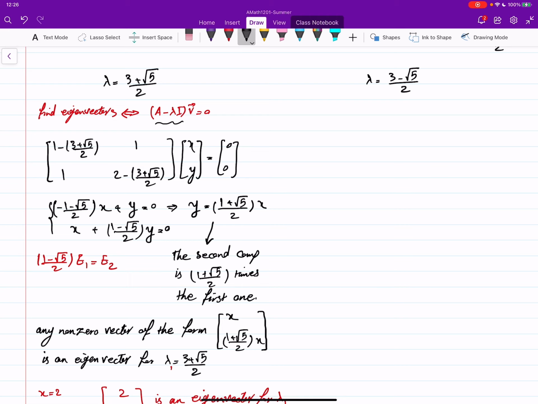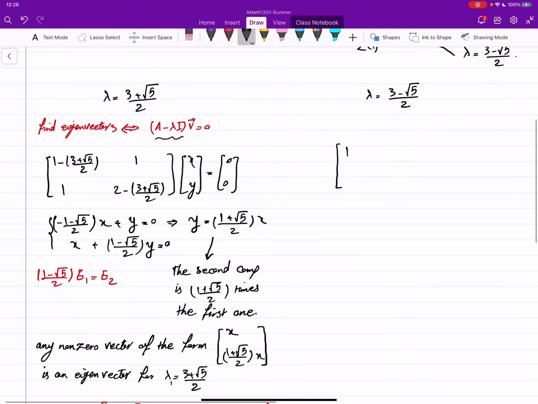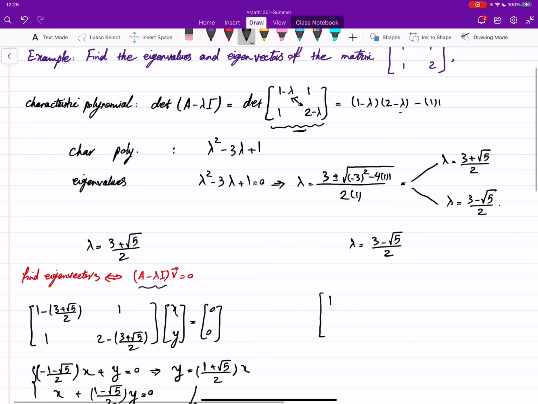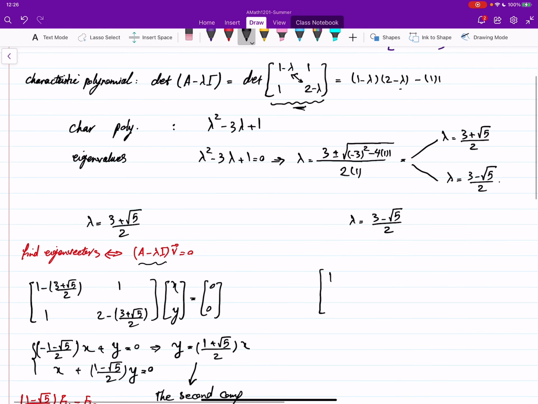I will just go ahead and write the equations here. So it will be, let me just write everything. 1 minus, as I said, you can use this one as the coefficient matrix for your system. 1 minus 3 minus root 5 over 2.